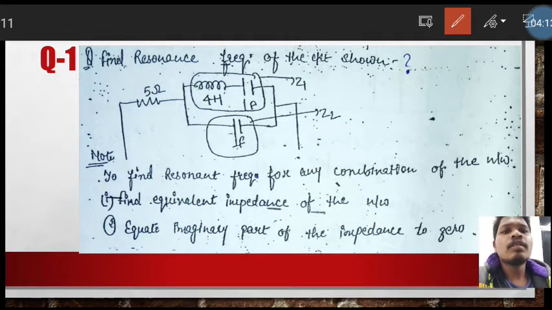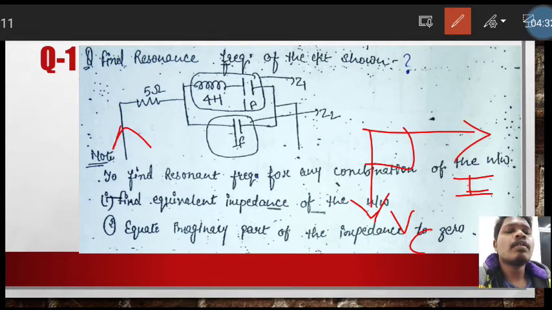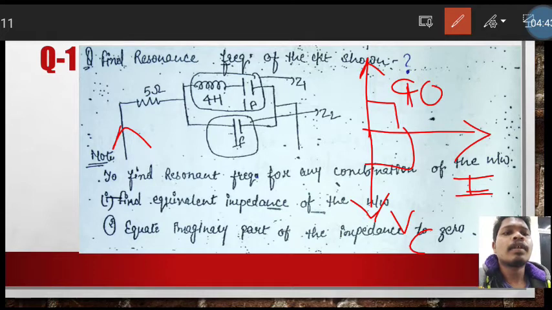Because see, this is a series network. So for a series network, we take the phasor reference as our current. But in the case of the capacitance, the voltage of the capacitance, that is VC, is lagging the current by 90 degrees, and the inductive voltage is leading the current by 90 degrees.